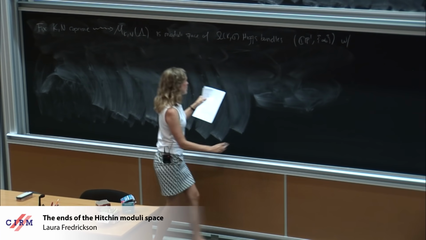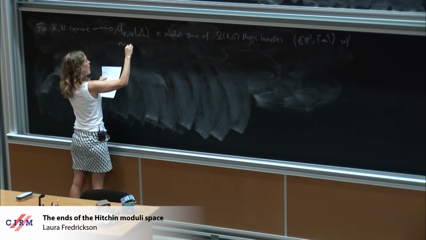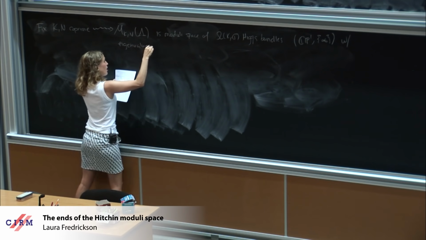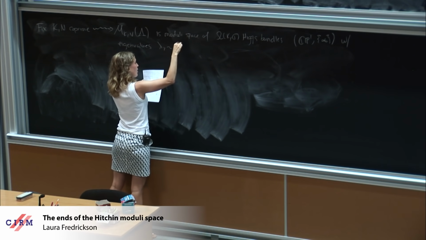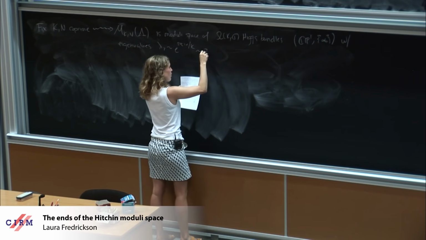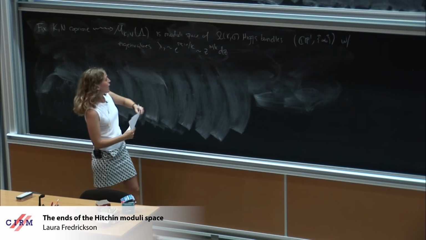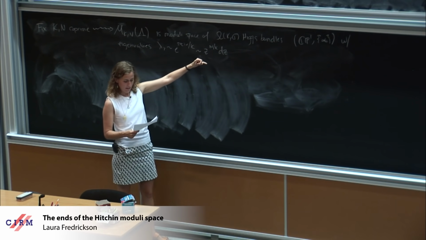And so this is a moduli space of Higgs bundles with eigenvalues that have some growth condition. This isn't how you actually define the moduli space, but this is. I want to point out that when k and n are coprime, these eigenvalues are ramified at infinity.